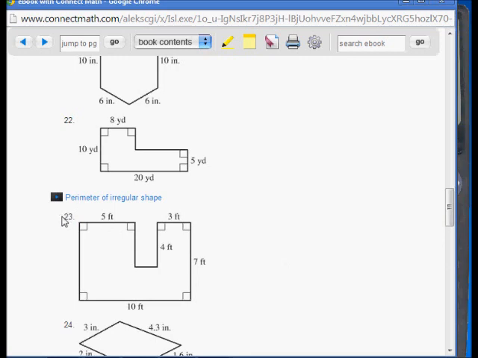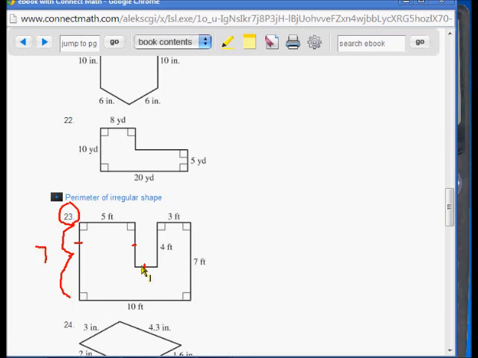Let's look at this one right here. Number 23. All right, we've got some sides here. We don't know what they are. We've got this one, we've got this one, and we've got this one. This one over here is fairly easy because it's the same as this one, so it's 7.